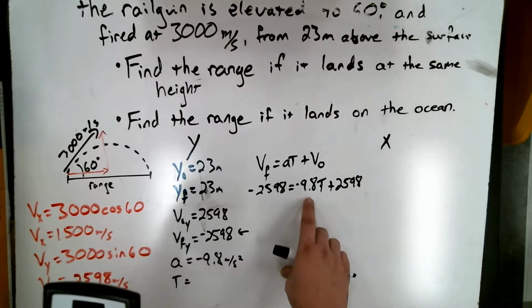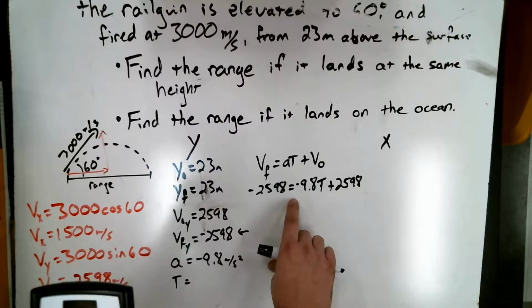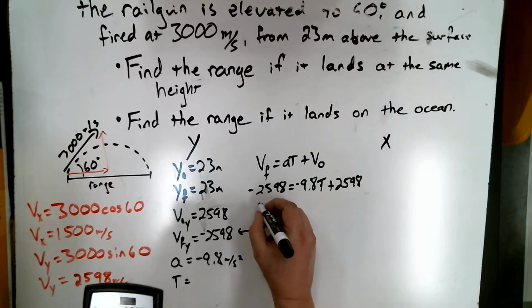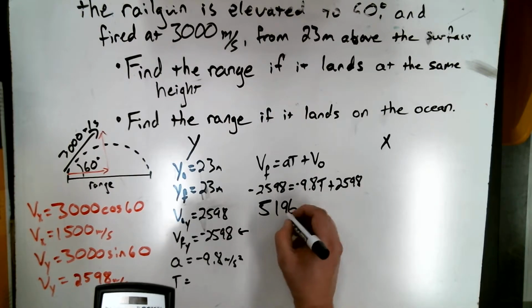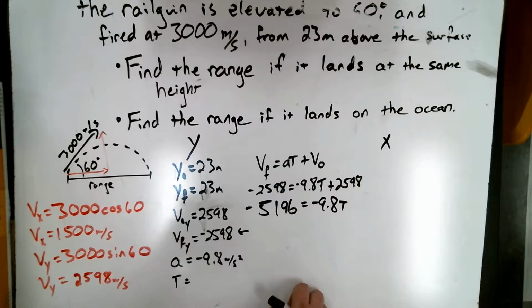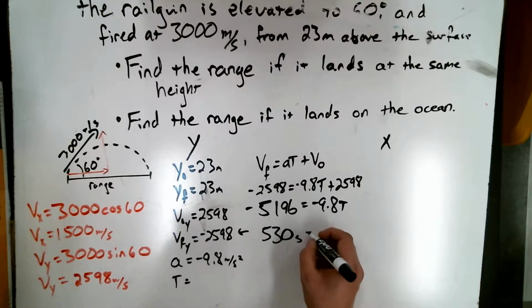Negative 2598 minus 2598 is negative 5,196, equals negative 9.8 times t. So I get a time of 530 seconds.